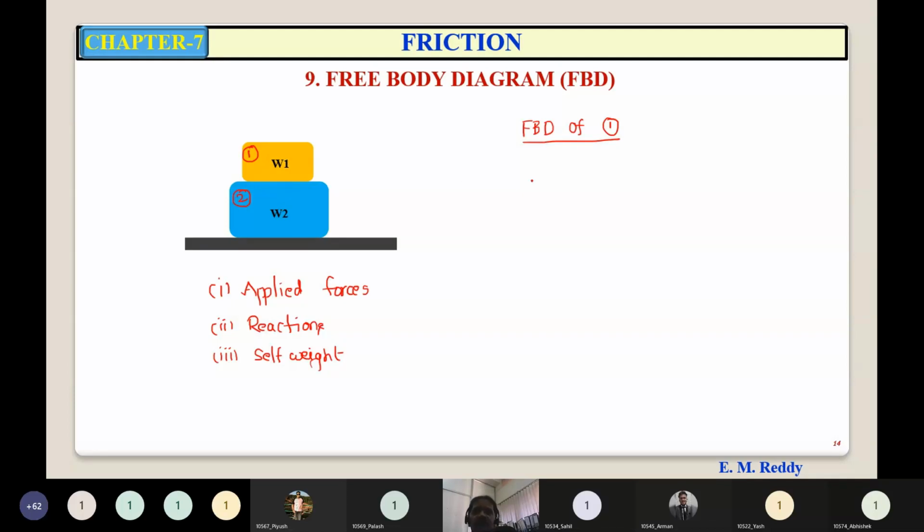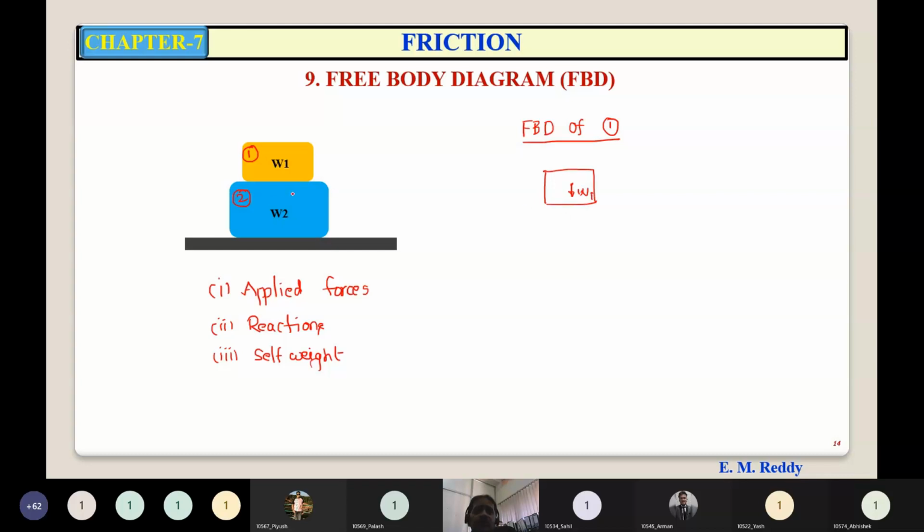So when you draw free body diagram of body 1, what are the forces acting on it? I told you three types of forces. One is applied forces. Here applied forces are 0. There is no external force acting. Then second is normal reaction. Third is self weight. So the self weight of the body is W1, which is acting vertically downwards.